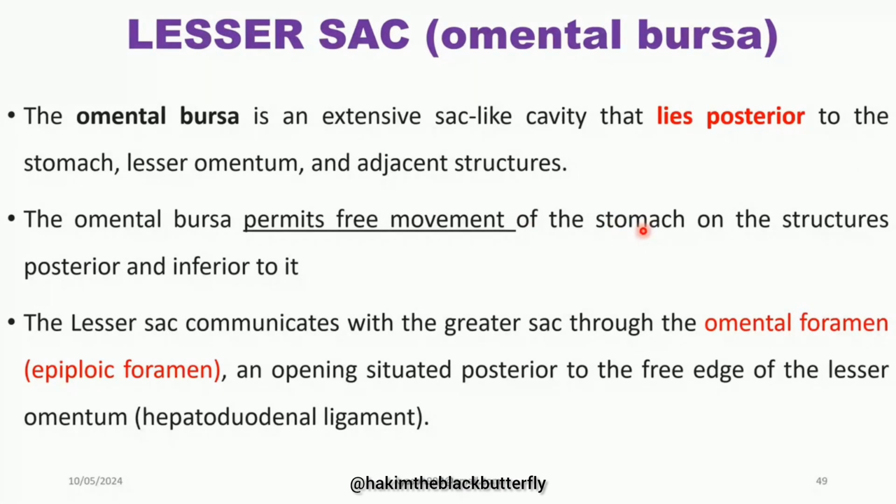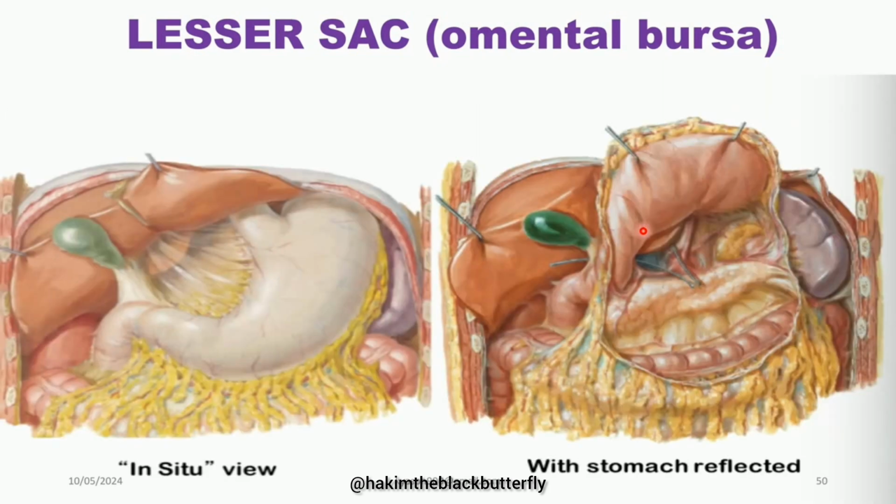Remember, whenever the stomach is filled with food substances, it can distend, and its distension is permitted because of the presence of this big space behind it, the space that we are calling the omental bursa or the lesser sac.